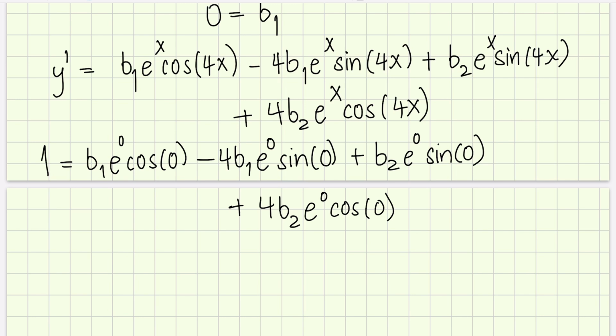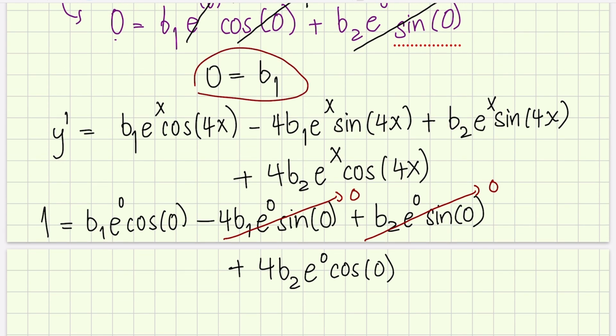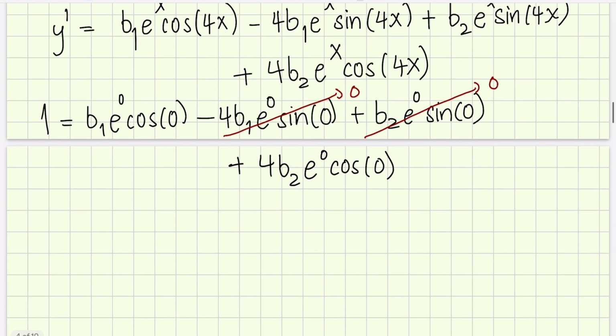Some cancellations again. Sine 0 is 0. Same thing here. We said over here that b1 equals 0. We have a b1 right here. So this term also is 0, and we are left with just one term here.